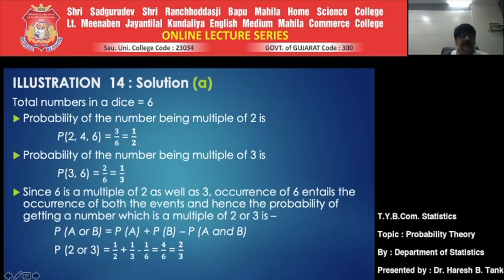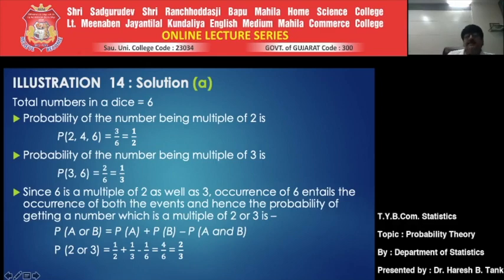There are 3 different ways a number can be a multiple of 2. So it is 3 by 6, which comes to 1 by 2. Probability of the number being a multiple of 3. How many ways can you get a number which is a multiple of 3? 2 different ways, 3 and 6. It comes to 2 by 6, which is 1 by 3.